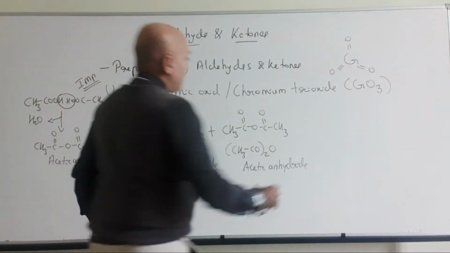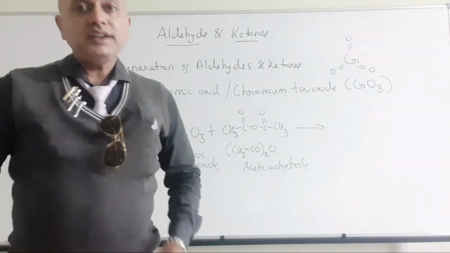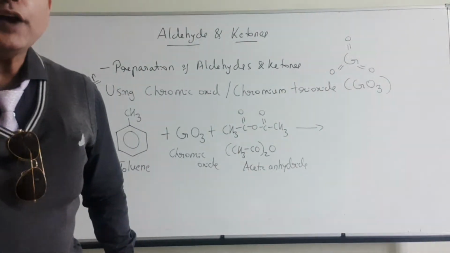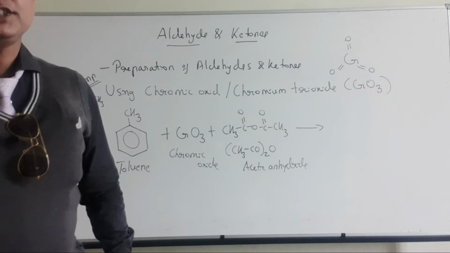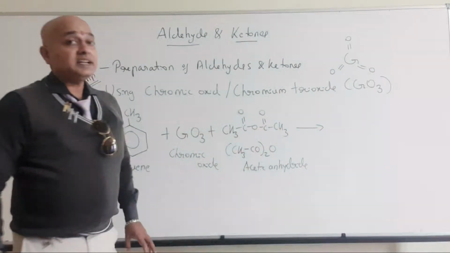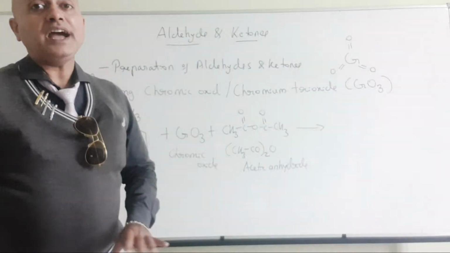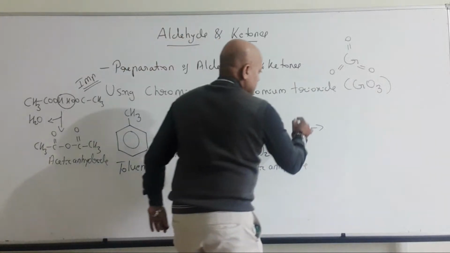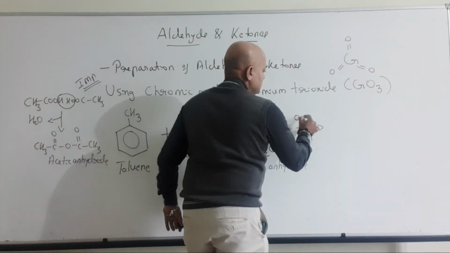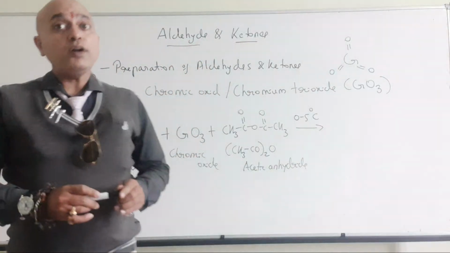Okay. Now, important point here is we have to mention the temperature. That is because it will be almost 0 degree we have to maintain. So nearly, or we can write 0 to 5 degrees Celsius. That is important.